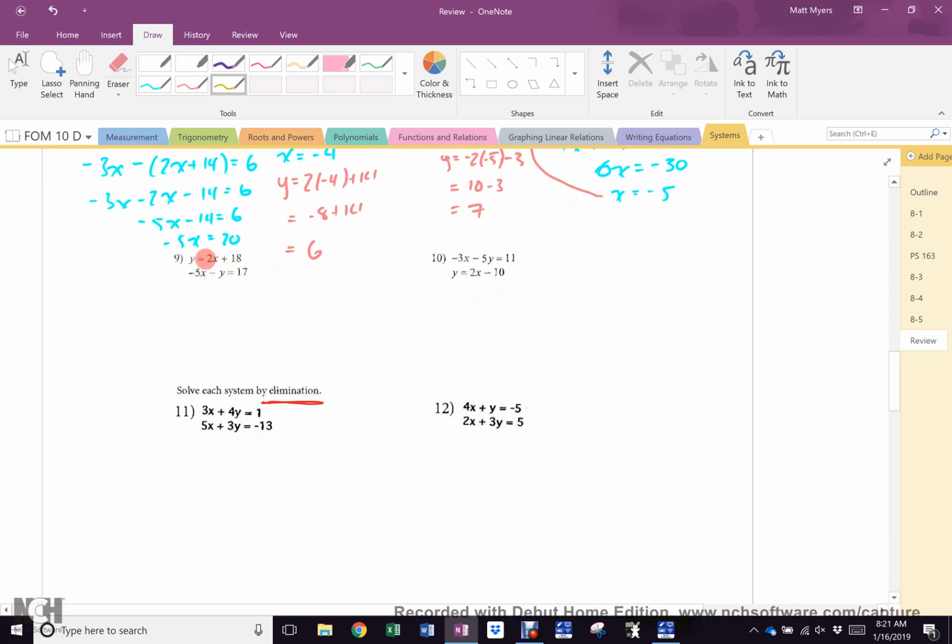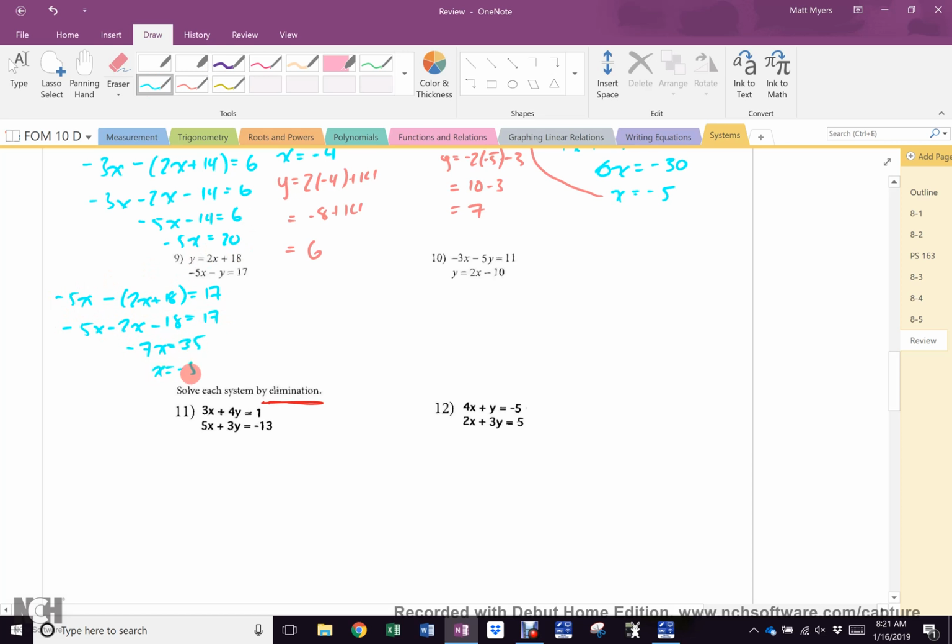Down here, is this one set up for you? Yes, because I moved it up to here. Excuse me. Negative 5x minus 2x plus 18 equals 17. Negative 7x equals 35.